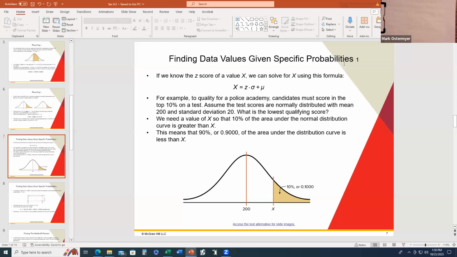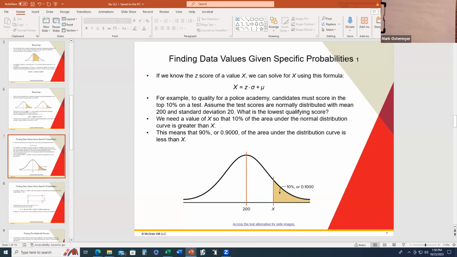All right. Now, here's a situation, ladies and gentlemen, where suppose we're given the area or the probability of something, and we want to try to find what the original X value was, or the original value of our random variable was.